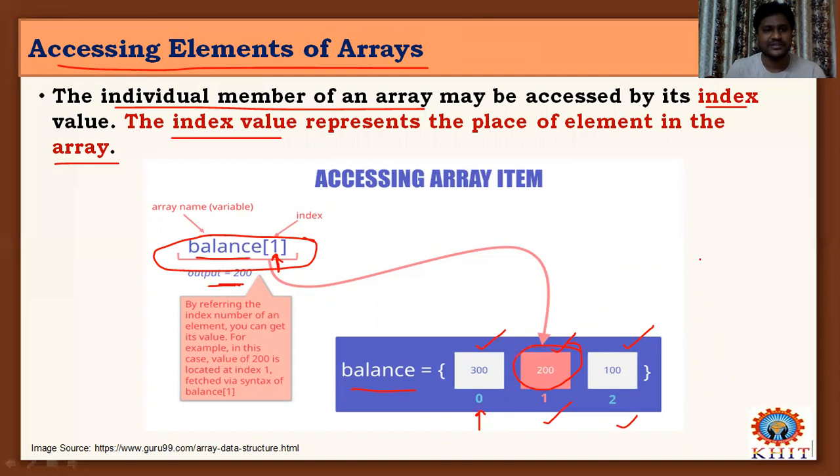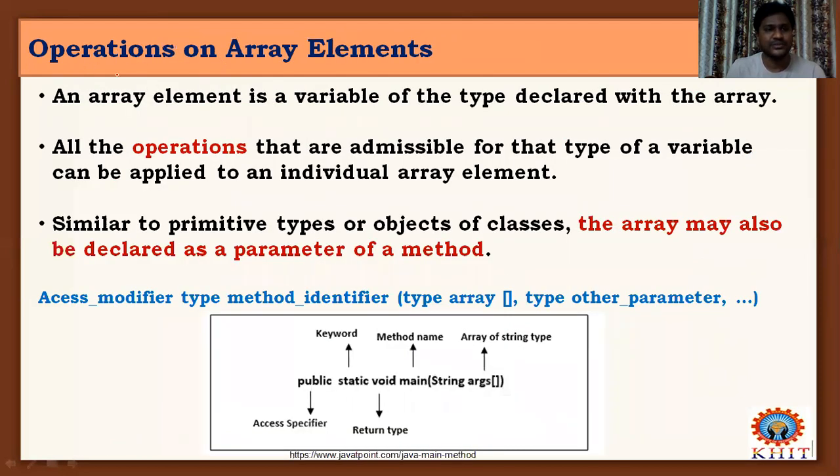Got it? And coming to the next one, operations on array elements. Generally, an array element is a variable of the type declared with the array. When we declare an array with a specified type, the elements it can hold are of the same type. When we declare an array type as integer, the elements in that array are all integers.